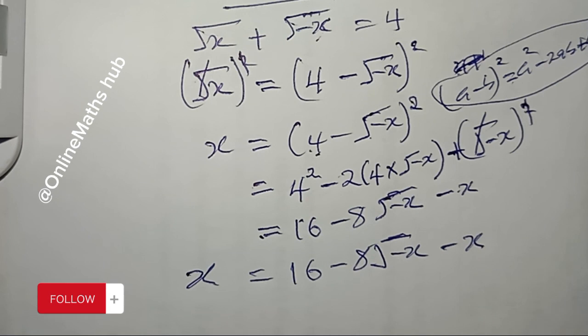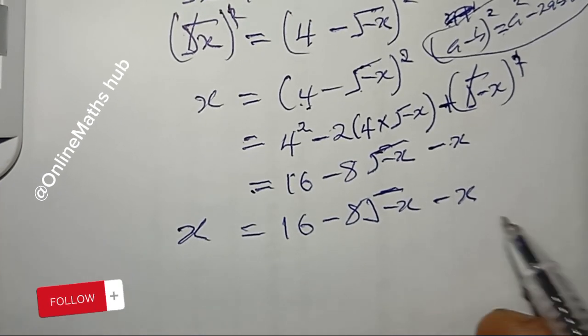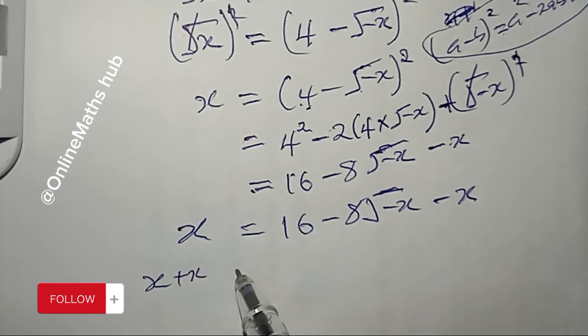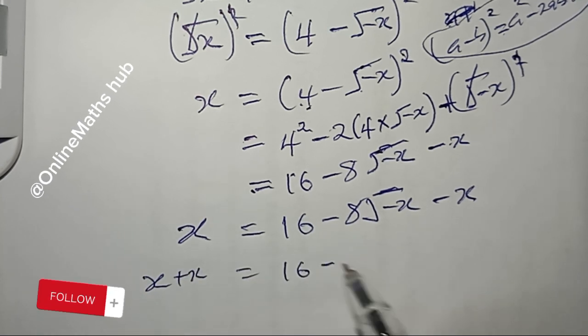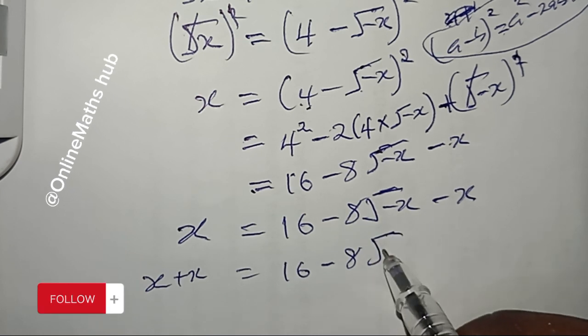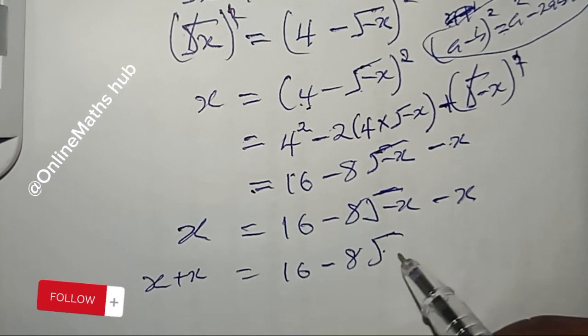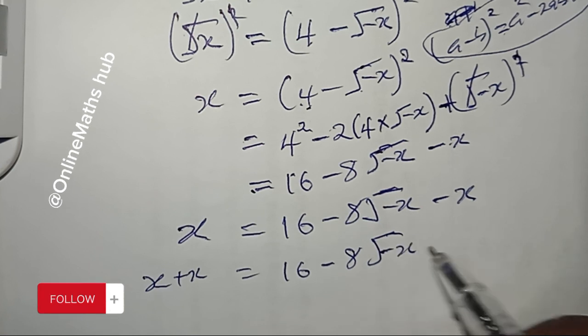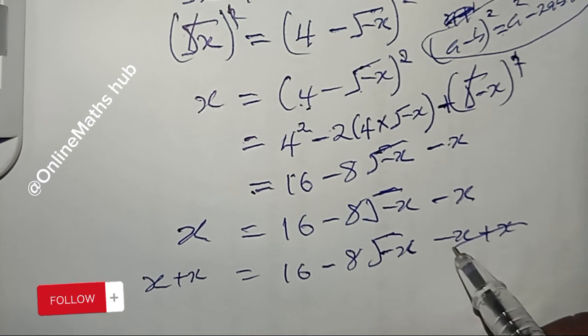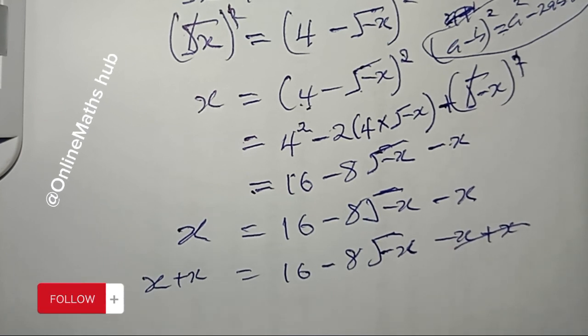So I'm just going to add x to both sides, and if I do that, we have x plus x is equal to 16 minus 8 root negative x. Here the x's cancel on the right side, and on this side I have 2x.